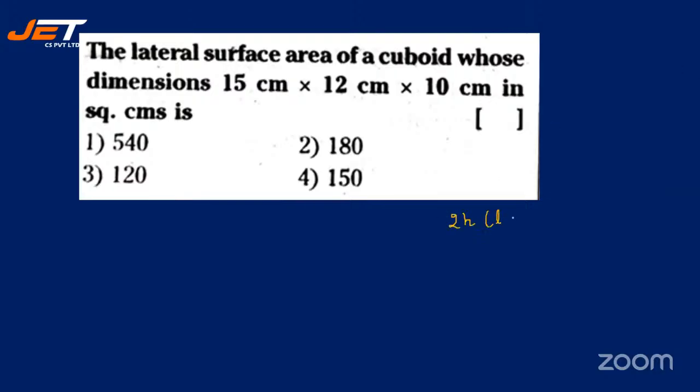Twice of height into length plus width. So length, width, height. So what is this? This is length, width, height. All right. So with that, you can definitely get the answer. Quickly do it and tell me, students. Put your answers in the chat box.